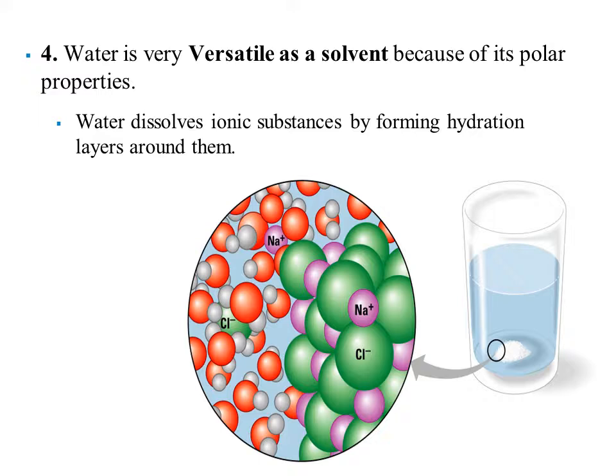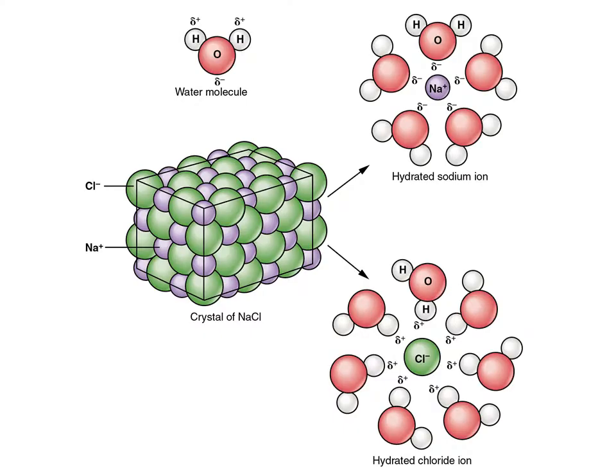Chlorine is an anion. It is negatively charged. So the slightly positive charges on the hydrogen of water will be attracted to that. This image shows the salt crystal being totally dissolved.